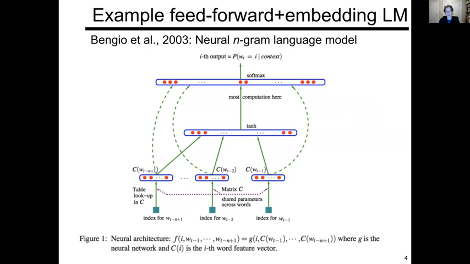You may remember that in our n-gram modeling work at the very beginning of the semester, the traditional approach is a multinomial distribution of p(w_i | w_{i-3}, w_{i-2}, w_{i-1}).